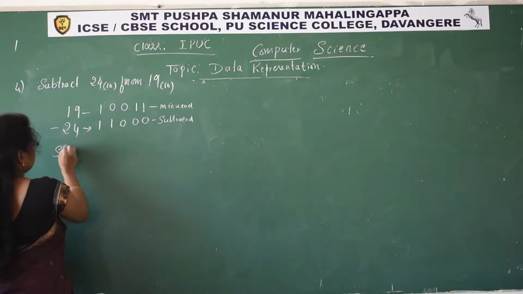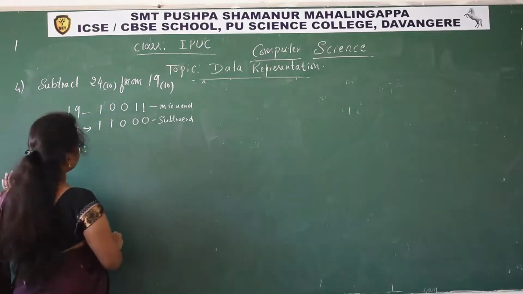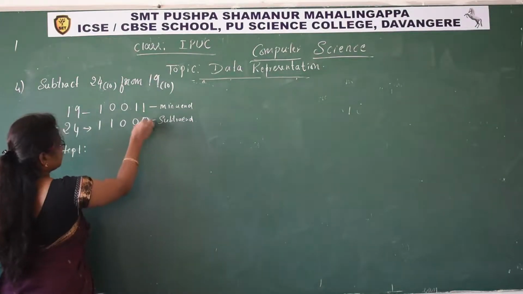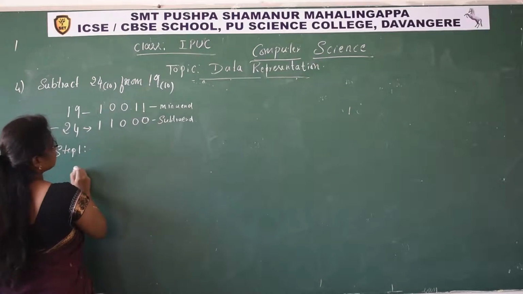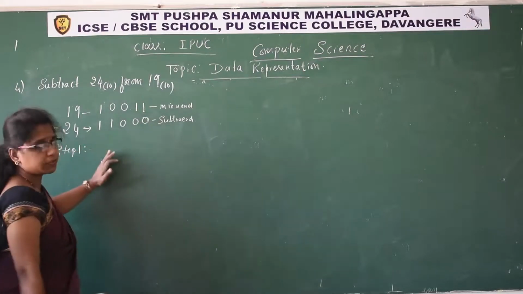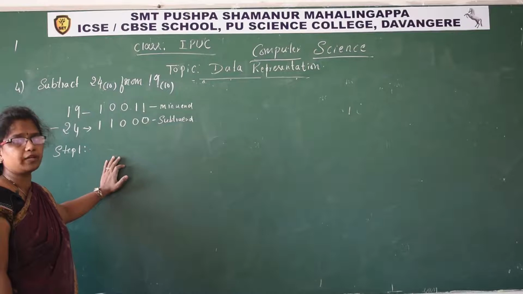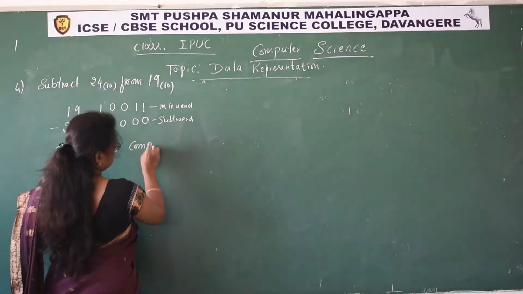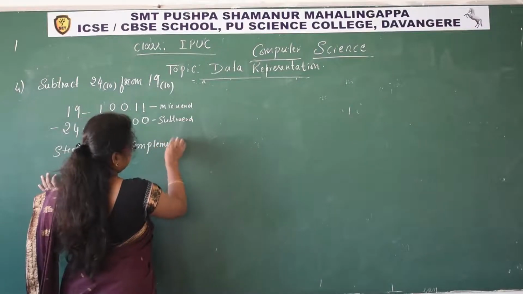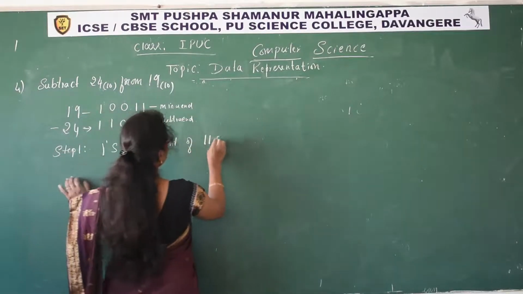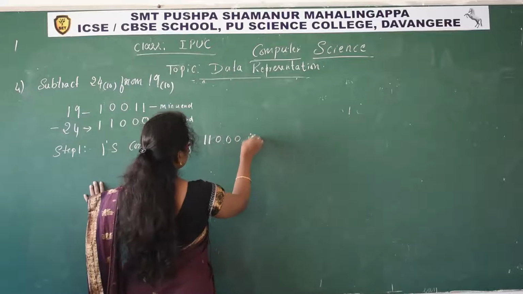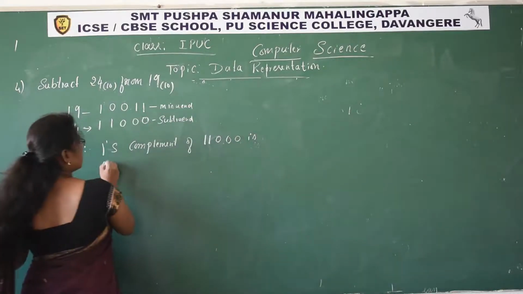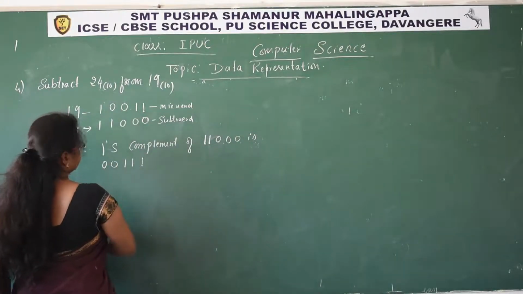Now step 1. As per the rule we have to take the ones complement of the subtrahend. Ones complement of 11000 is 00111.